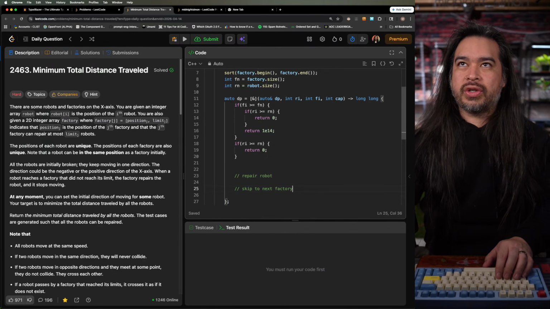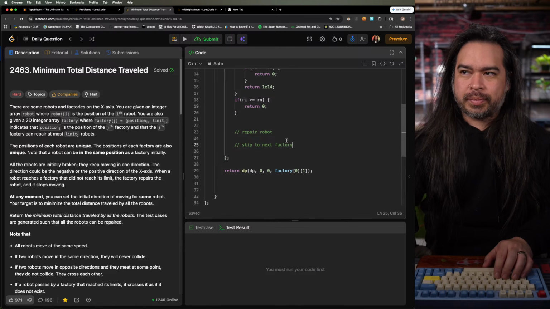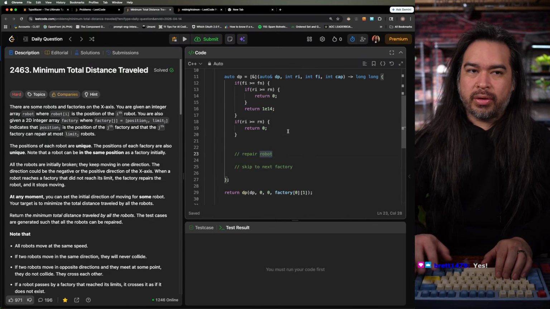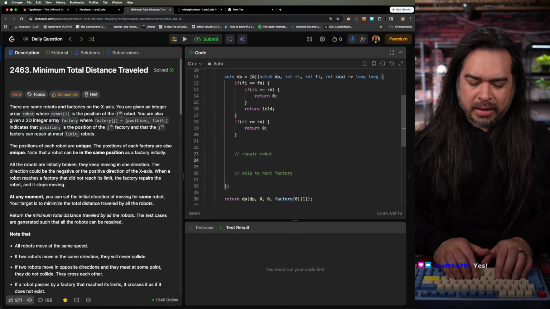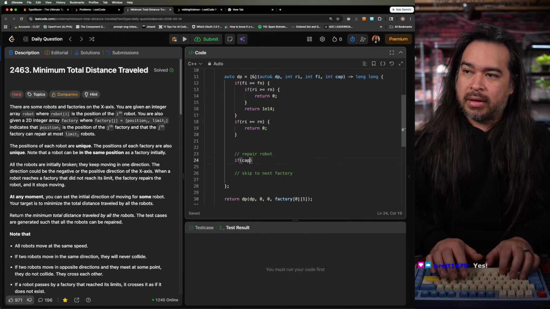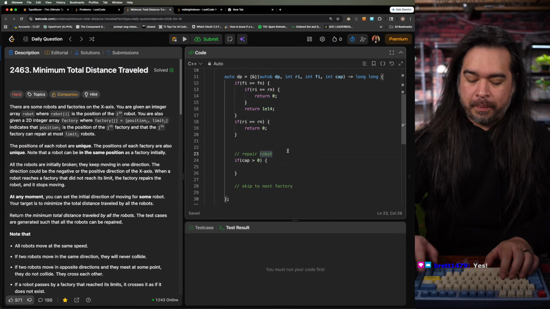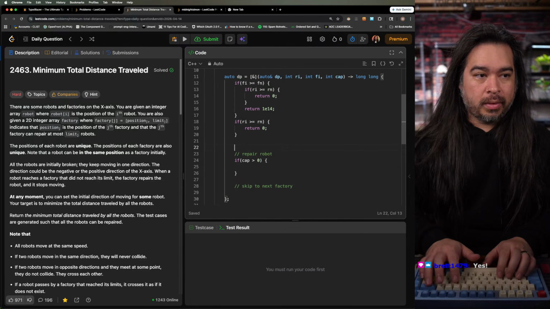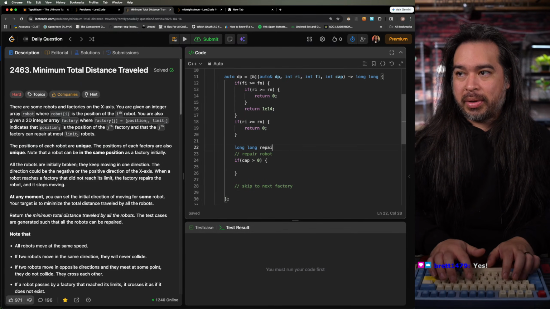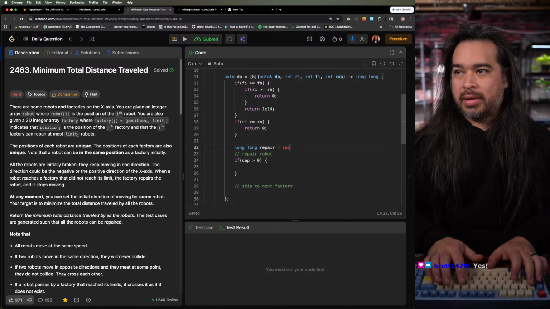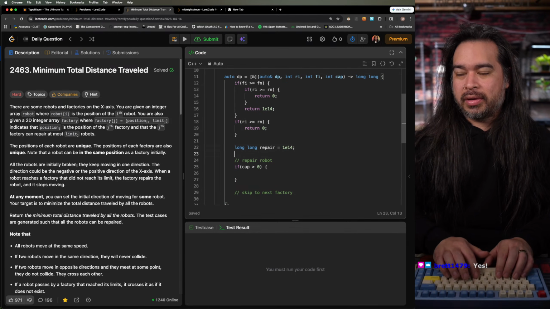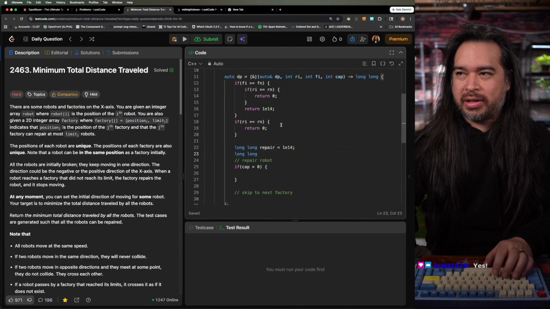Those are our two choices, right? So if we repair the robot, if our cap is greater than 0, we can repair the robot. Let's see, long repair at a really big number. I actually don't know if this number is big enough, but I hope it is.